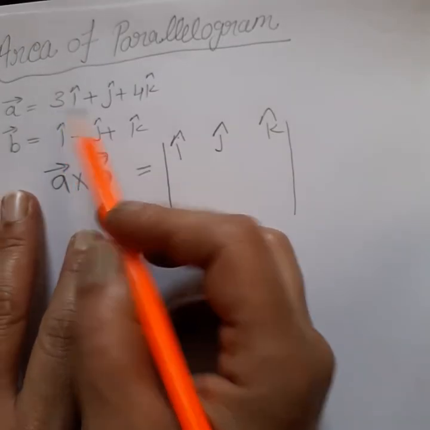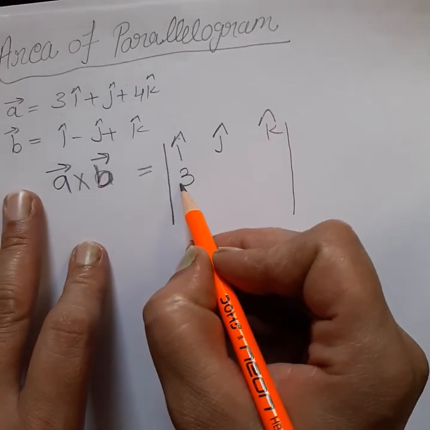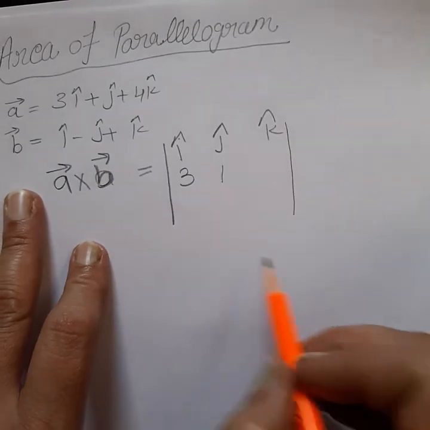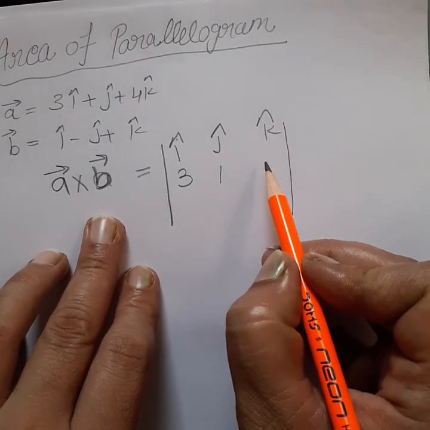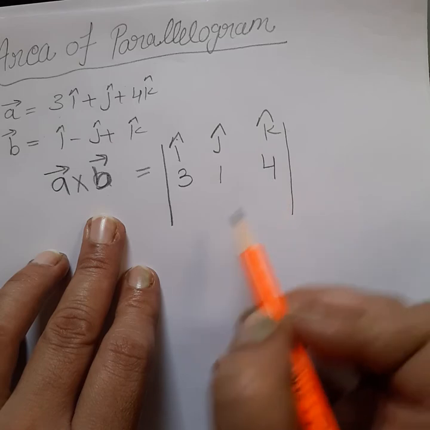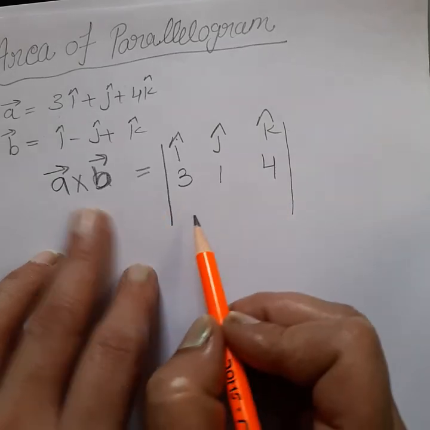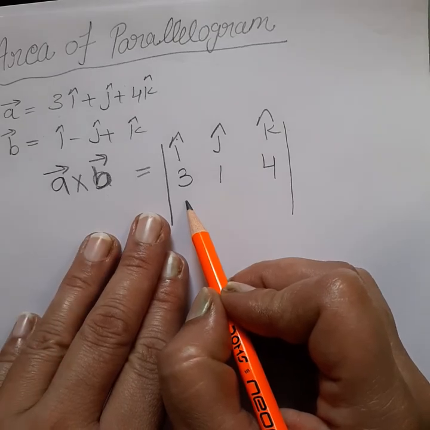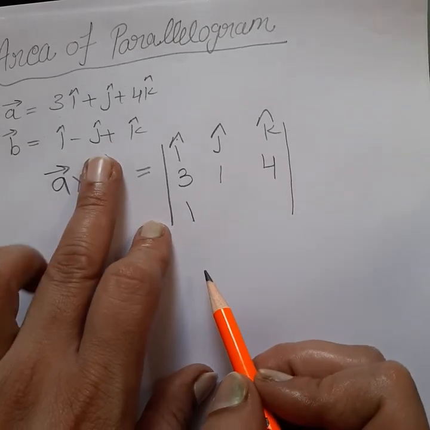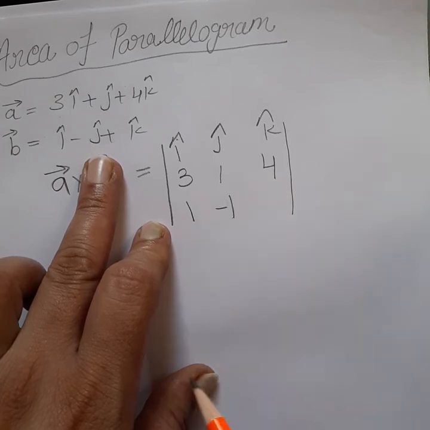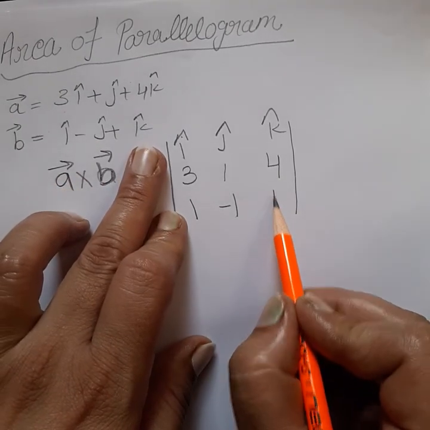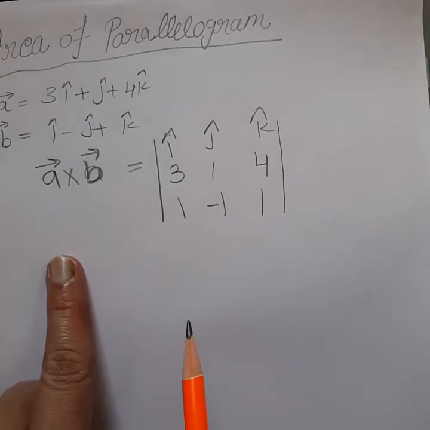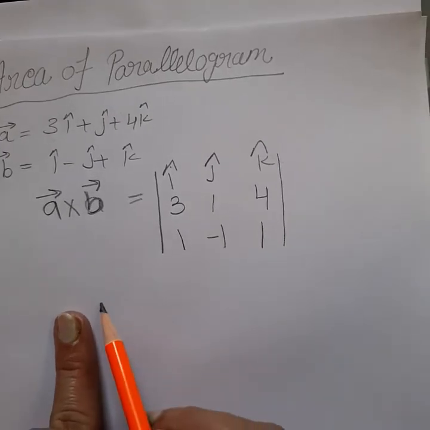The component of i is 3, the component of j is 1, and the component of k is 4. And for the components of b, we have no component with i, so you can treat it as 1. The component of j is -1 and the component of k is 1. After that, as you have done in your determinants, you can solve it.